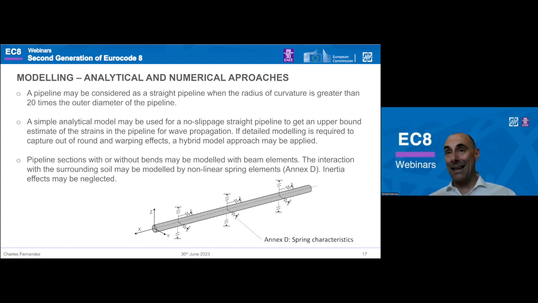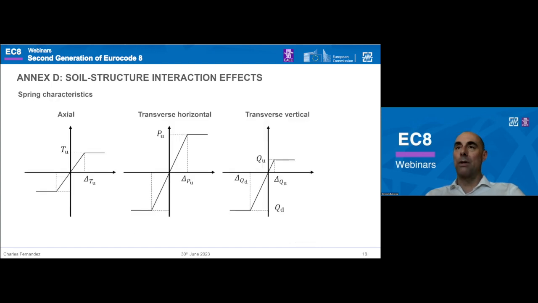Other approaches can be used, but there is one approach that is easily applicable, and we can take it from Annex D. Again, we have to distinguish between straight parts of the pipeline and the bends. But this model can easily apply to both, to the bends as well as to the straight parts, and we can connect it as we want. And it is a reasonable model for several reasons.